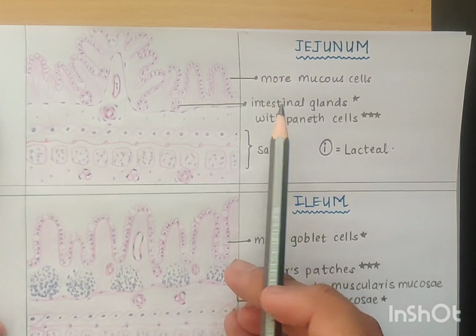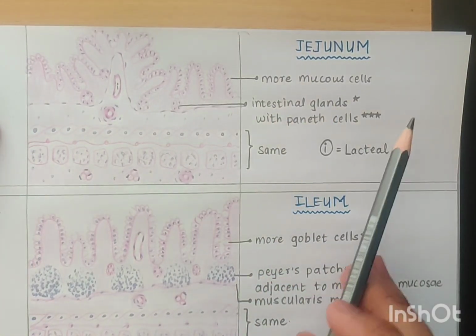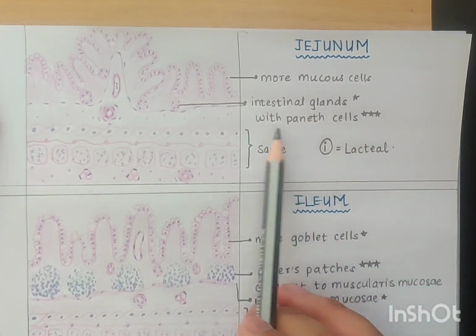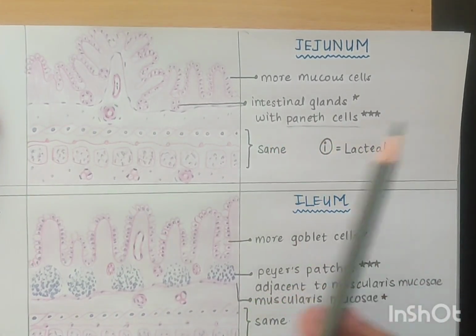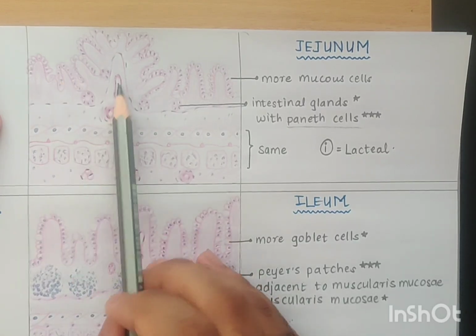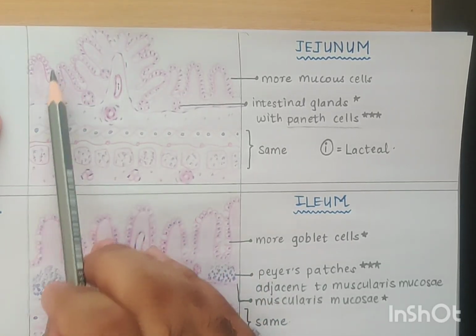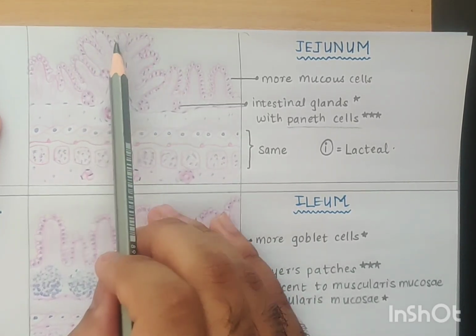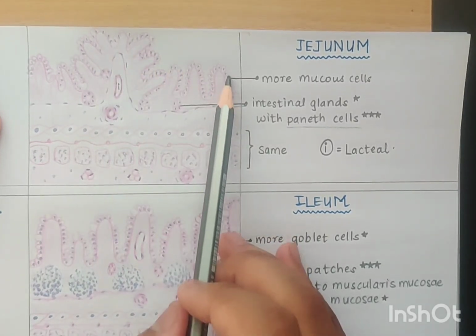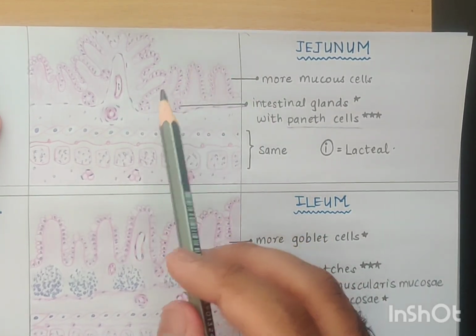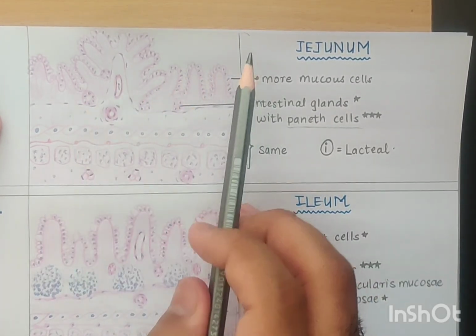So now the feature that we'll use to describe jejunum as a separate entity will be the Paneth cells. All in all, the structure remains the same. We can see the villi are present, the epithelium is present, then the microvilli will be present on the epithelium, and various goblet cells will be present which will secrete mucin type 1, type 2.